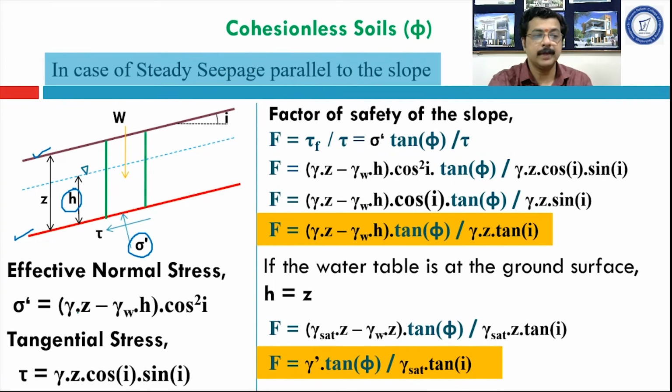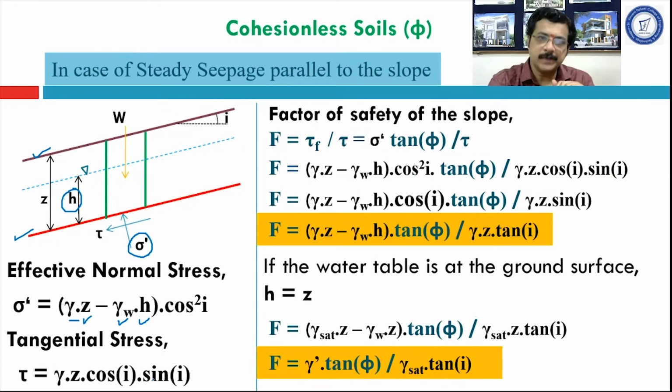Now here we will calculate effective normal stress as sigma dash equal to (gamma z minus gamma w h) cos square i. What is gamma? It is the unit weight of the soil. z is the depth of the failure plane. Gamma w is the unit weight of water, and h is the height of water table with respect to plane of failure. Okay, tangential stress tau is calculated as gamma z cos i multiplied by sin i.